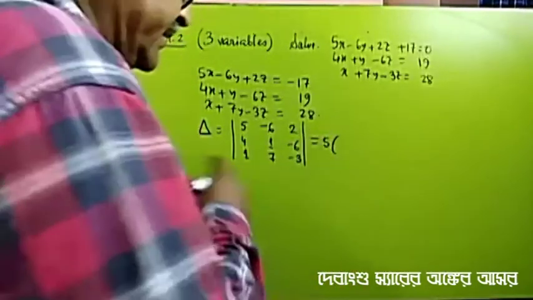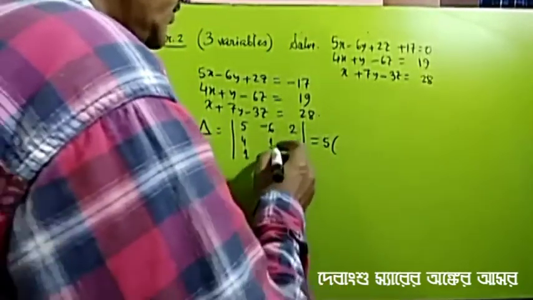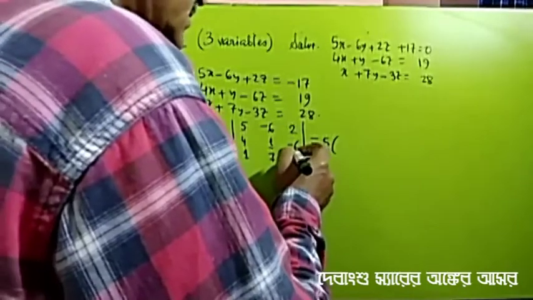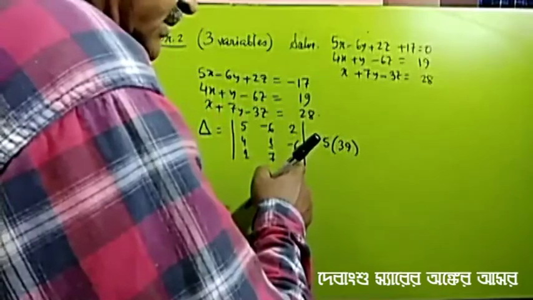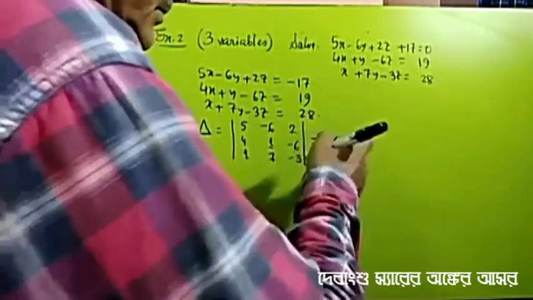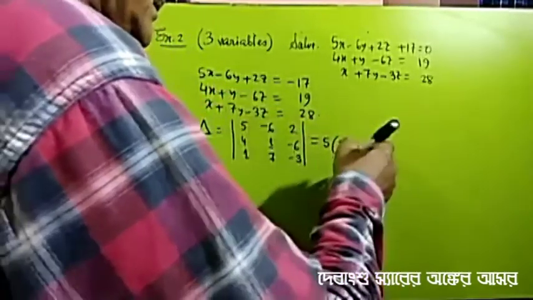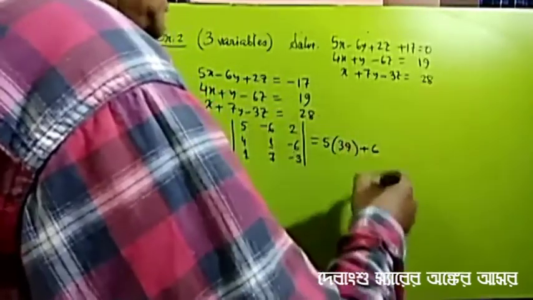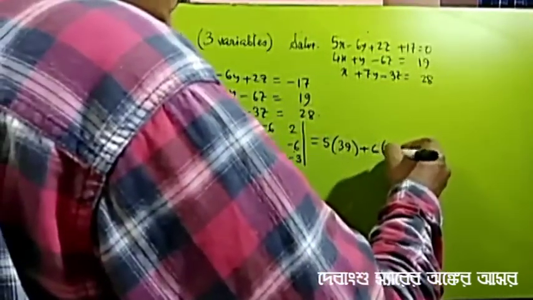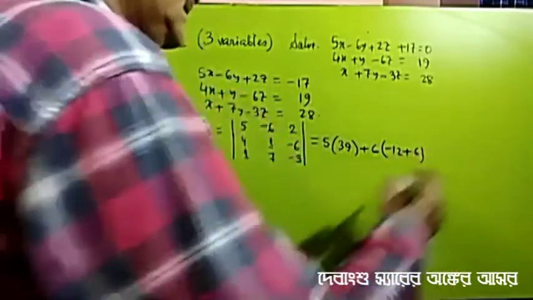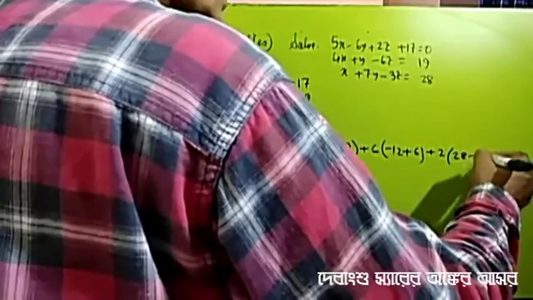5 into, I expand it with respect to the first row. 5 into minus 3 plus 42, that is 39. Minus 3 plus 42, 42 minus 3, 39. Plus 6, minus 6, but it is a negative element, so you have to change its sign. 6, that is minus 12, plus 6, plus 2, it is 28 minus 1.